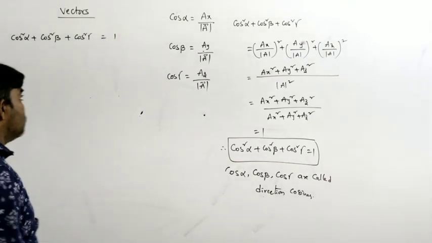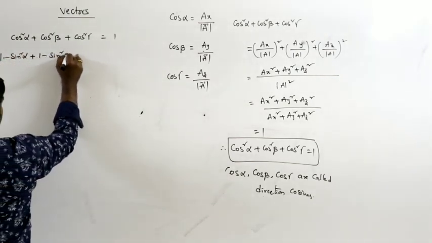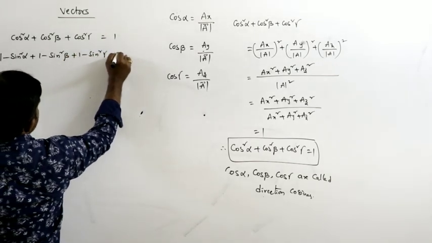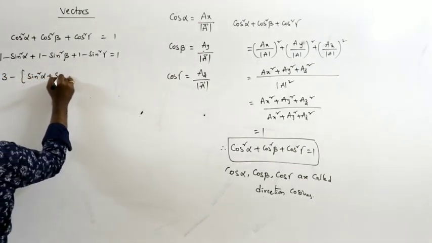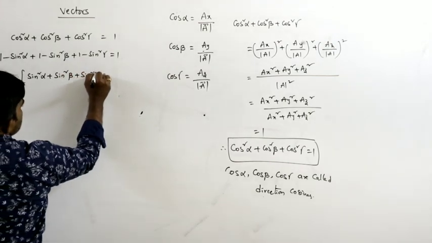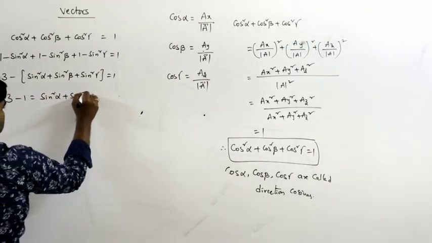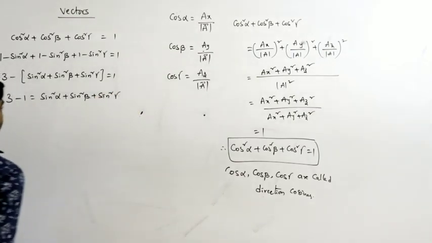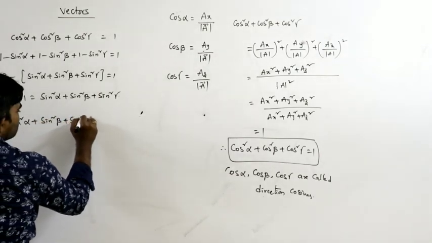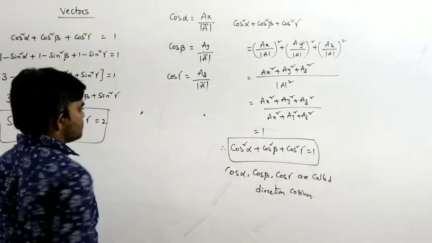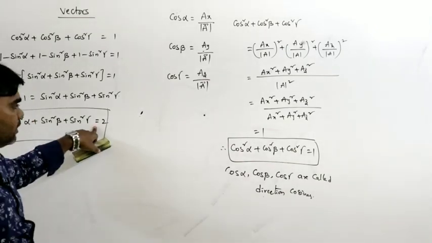Then from this we can write 1 minus sin square alpha plus 1 minus sin square beta plus 1 minus sin square gamma equals 1. 1 plus 1 plus 1 is 3. 3 minus the sum of sin square alpha, sin square beta, sin square gamma equals 1. So 3 minus 1 equals sin square alpha plus sin square beta plus sin square gamma. So sin square alpha plus sin square beta plus sin square gamma equals 2.